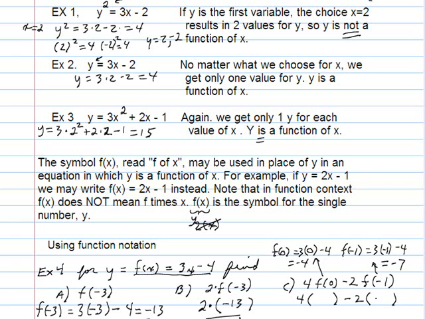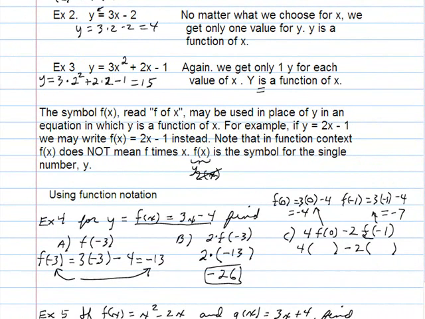So I put it in the empty hole I left for, see, this whole thing goes in that empty hole, and that's negative 7. And then f of 0 was negative 4, that goes in this empty hole. So now I have 4 times negative 4 minus 2 times negative 7. So that's negative 16 plus 14, because it's negative 2 times negative 7. So that would give me negative 2.